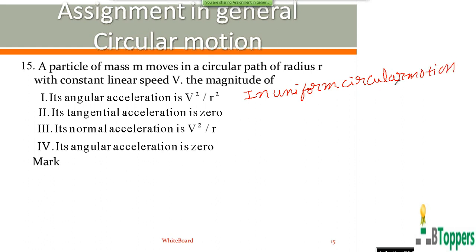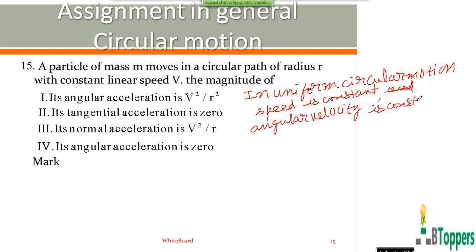In uniform circular motion, speed is constant and angular velocity is constant.